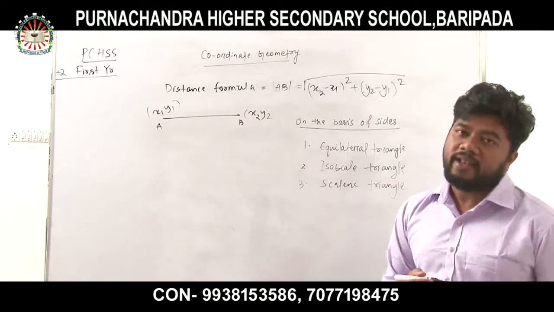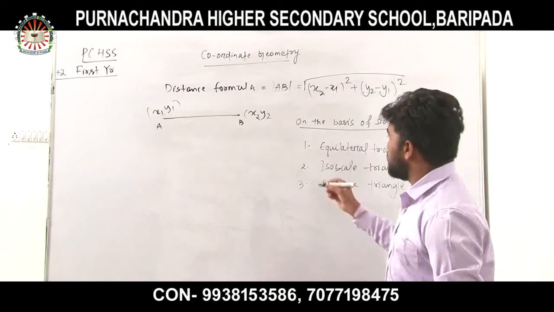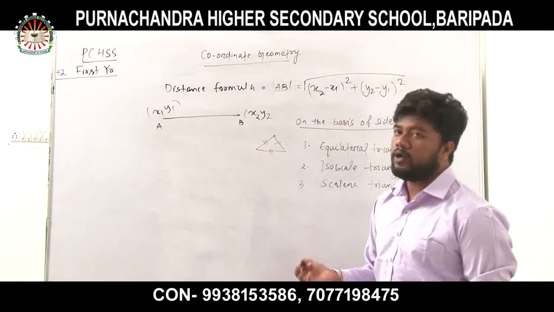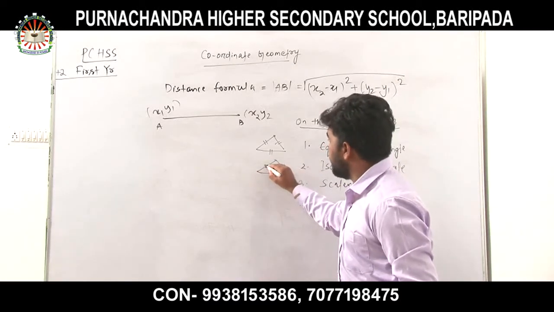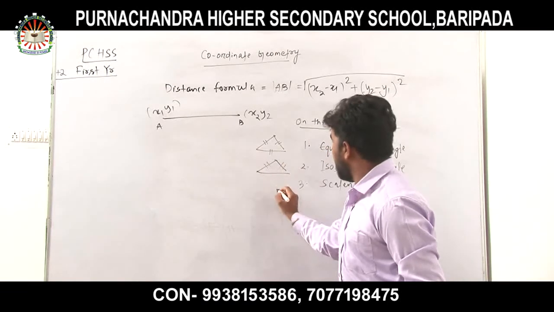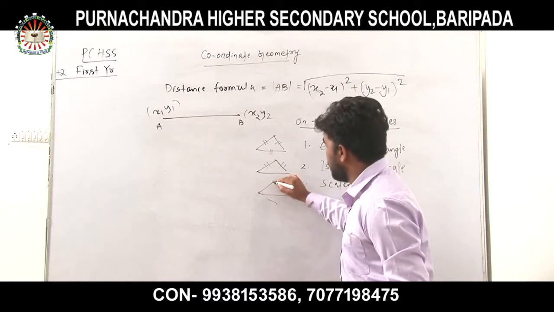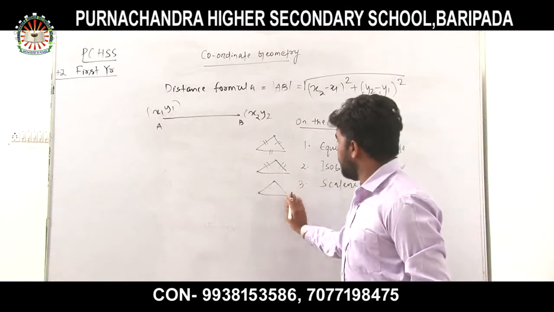On the basis of length, triangles are 3 types. An equilateral triangle is one in which all sides are the same in length. This is your equilateral triangle. An isosceles triangle is a triangle with 2 sides equal. And a scalene triangle, all sides are different. Okay, scalene triangle.